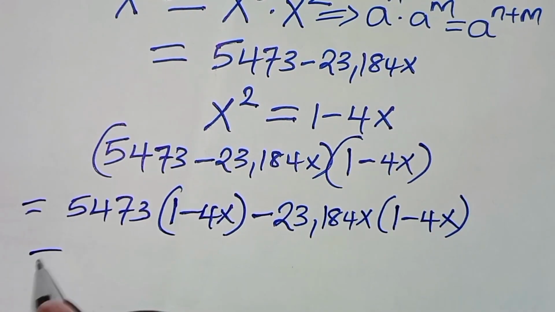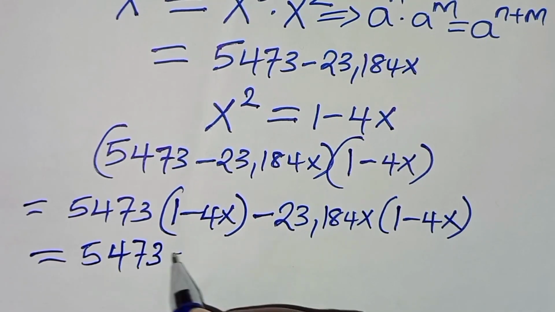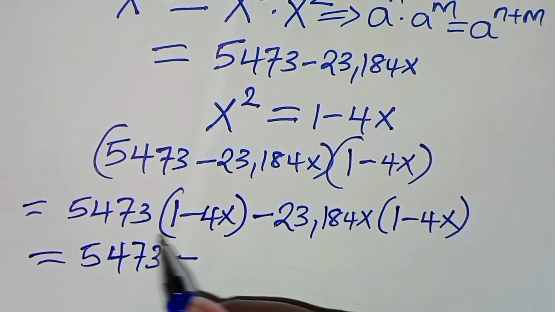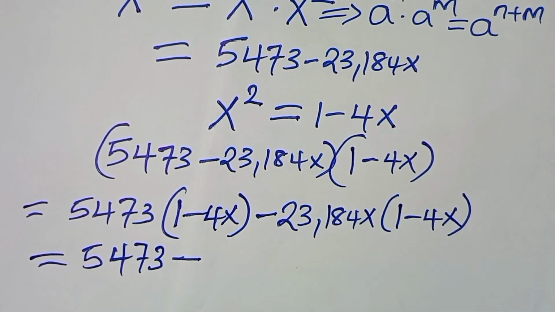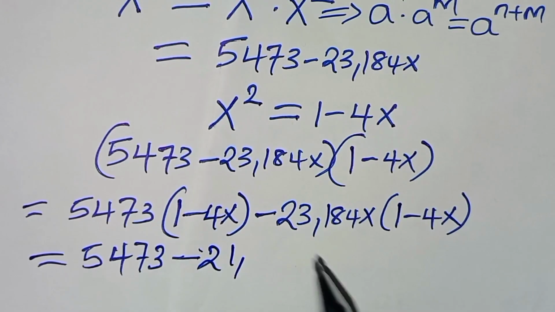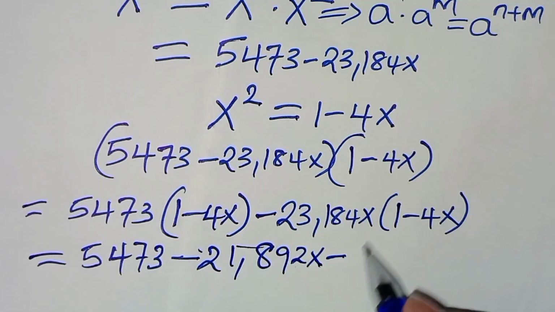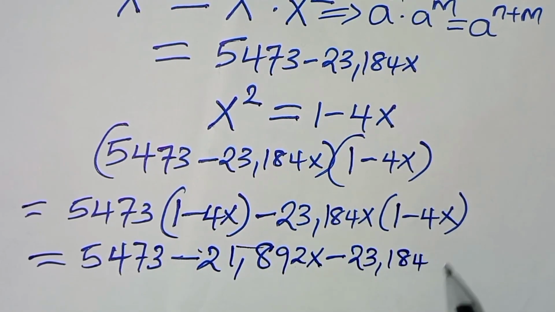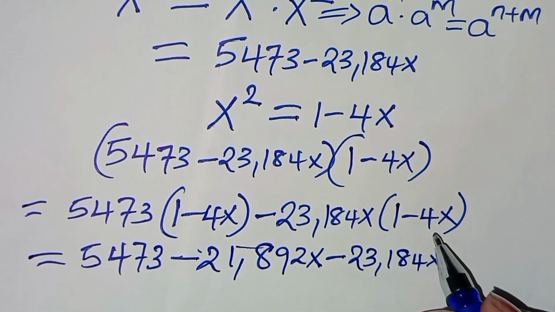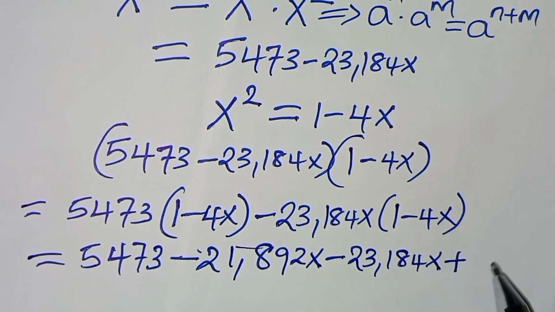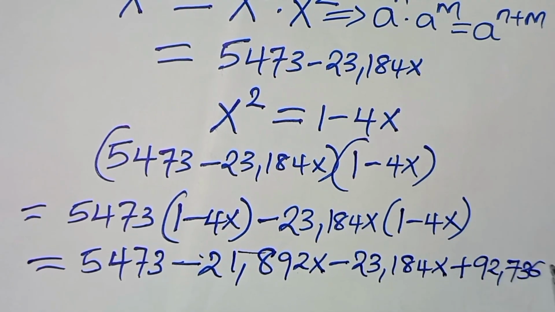In this case, we'll have 5473 times 1, which is 5473, subtract 5473 times 4, which gives us 21,892x, subtract 23,184x, then negative 23,184x times negative 4x is plus 92,736x squared.